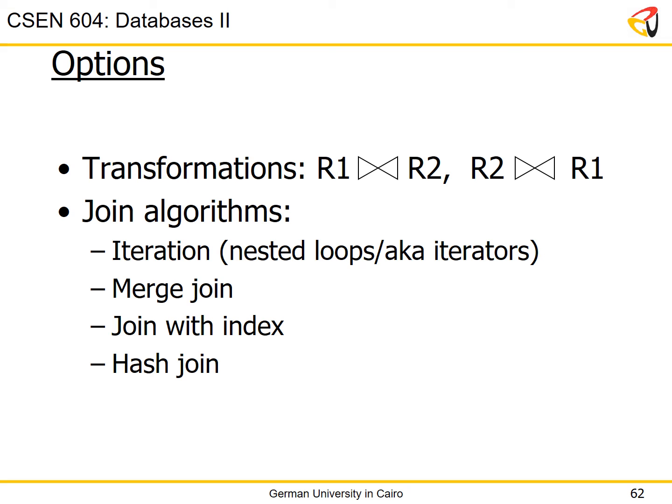So if we just look at the join as a very popular operation in the SQL world, we have 4 options. When a database engine gets a SQL statement that has a join, it has 4 options: to use either iteration join, which is a type of sequential scan, or a merge join, or an index join, or a hash join, the ones we described earlier.